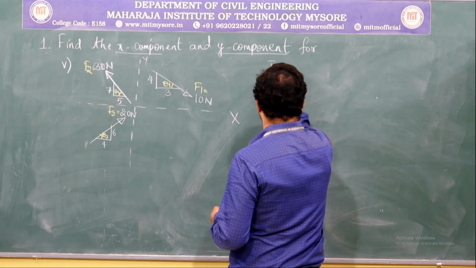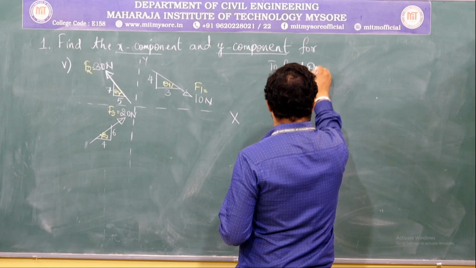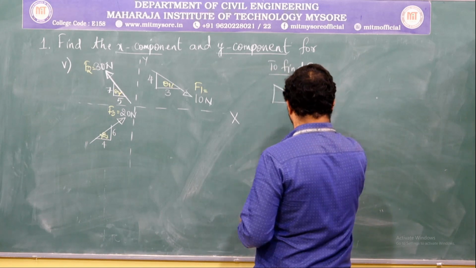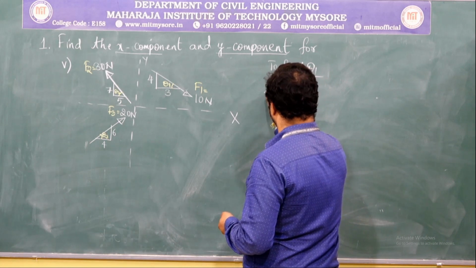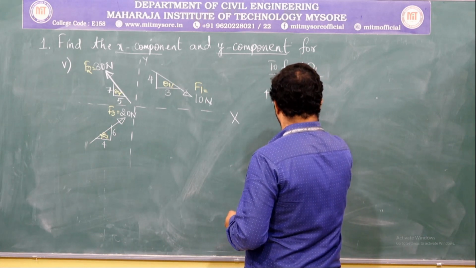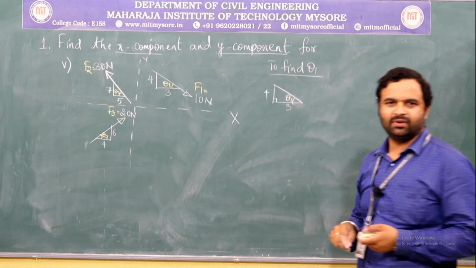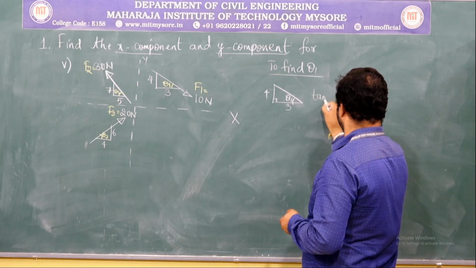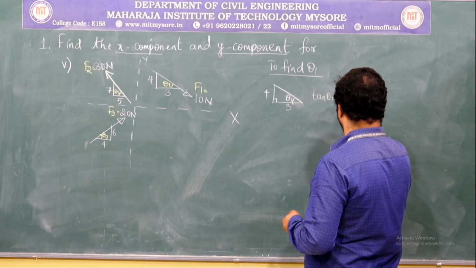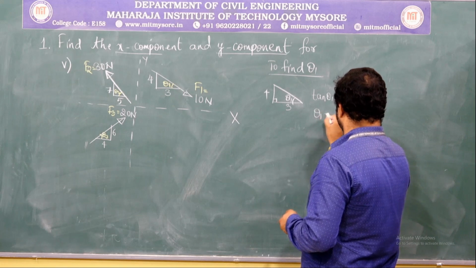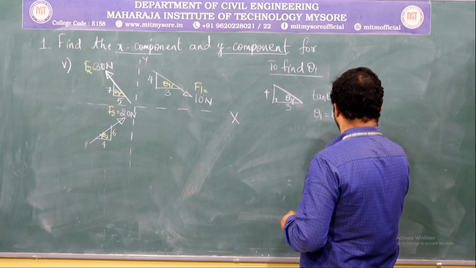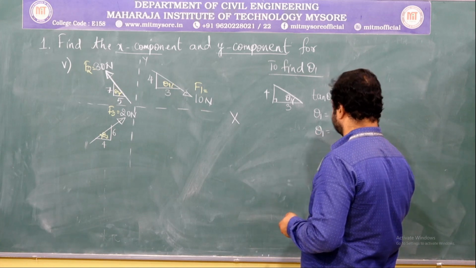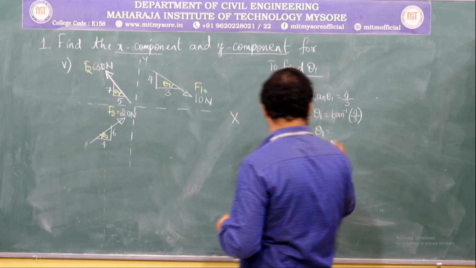To find theta 1, let me consider the right angle triangle. Which trigonometric function can we go for? We can use tan theta 1 equals 4 by 3, or theta 1 equals tan inverse of 4 by 3. So theta 1 will be equal to 53.13 degrees.